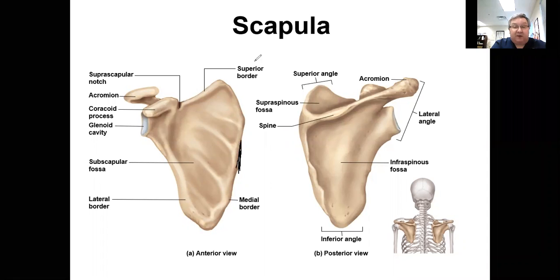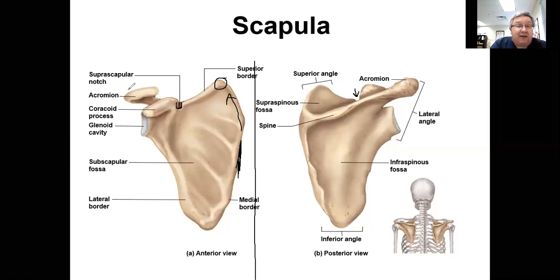If you picture the vertebra going down the back this way, the medial border is very close to the vertebra. As we go up the scapula, here is the superior border, or the superior angle. Right here is a notch. You can see it also right here. This is the suprascapular notch.